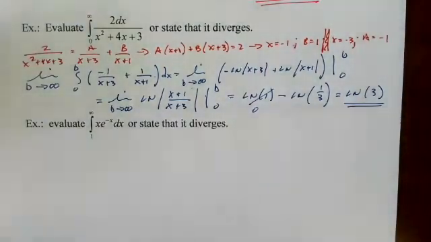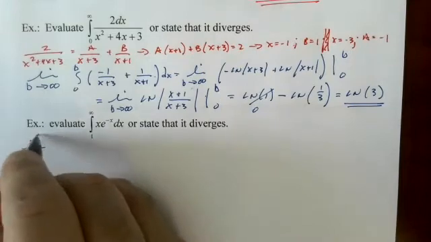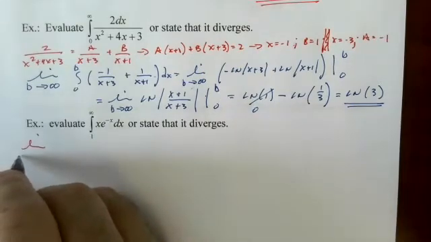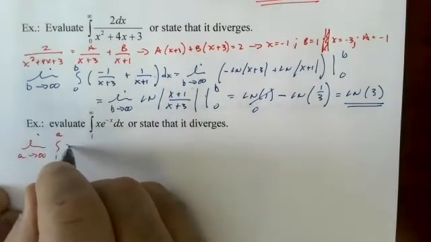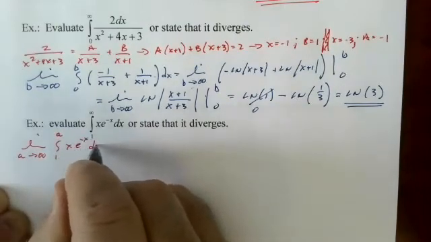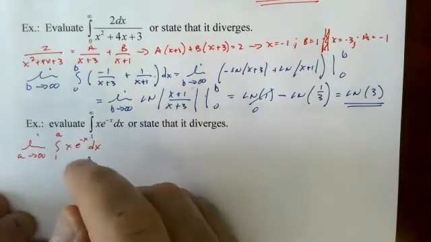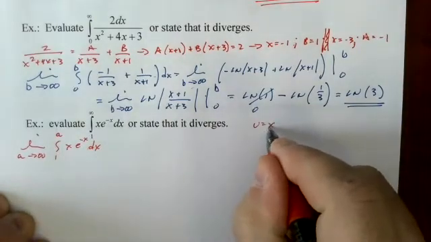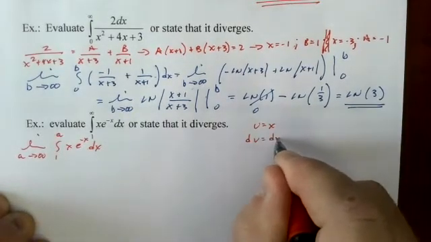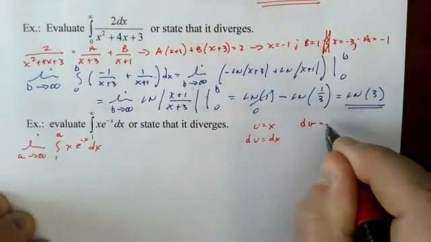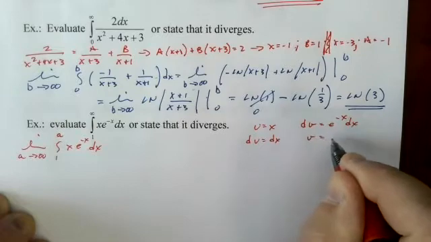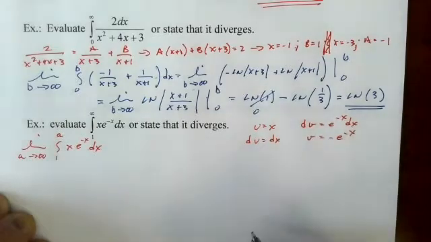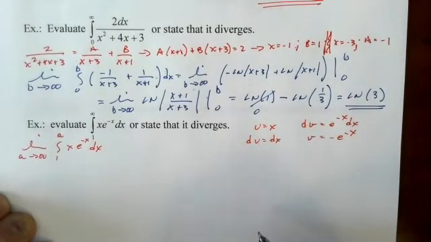Let's go with a this time. Why not? Limit as a approaches infinity, integral from 1 to a of x e to the negative x dx. Holy cow. U equals x, du equals dx, dv equals e to the negative x dx, v equals negative e to the negative x. Does any of this make sense? I don't remember.